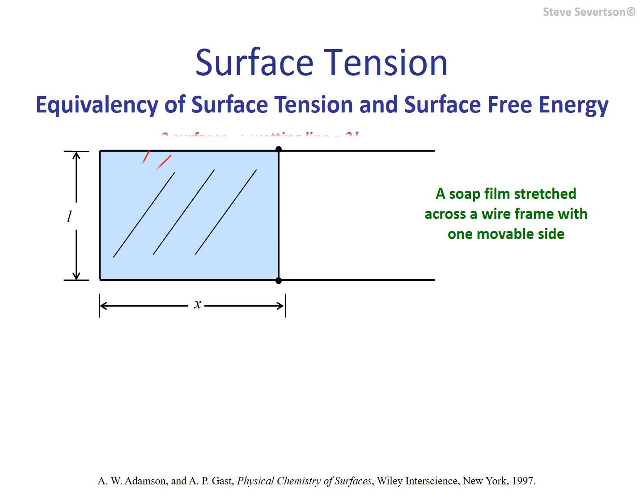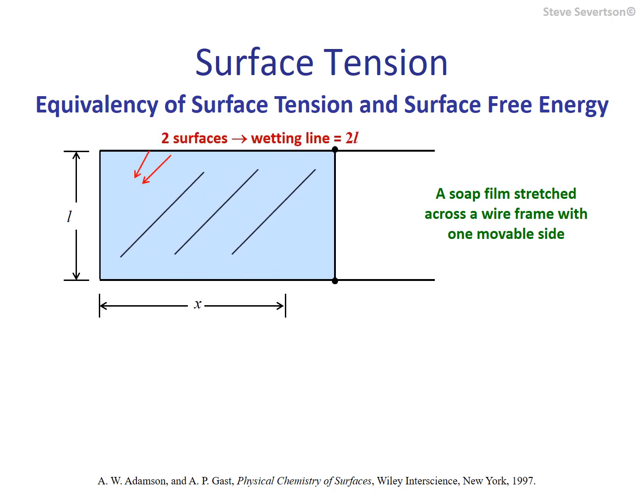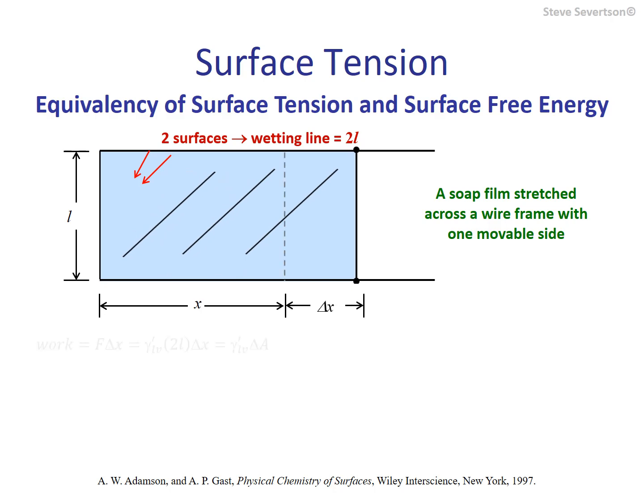The minimum work required to expand the film a distance delta x using the surface tension approach is the surface tension multiplied by 2L delta x, or surface tension multiplied by the increase in the film surface area. Using the surface free energy approach, we find that the work is equal to the surface free energy value multiplied by the increase in the film surface area.